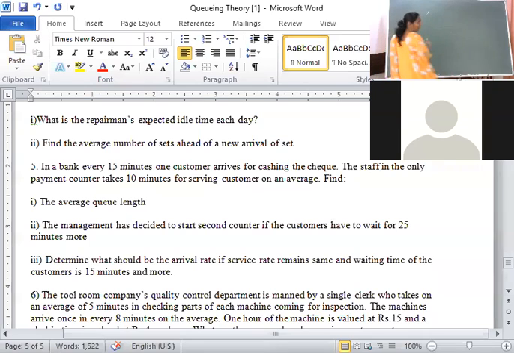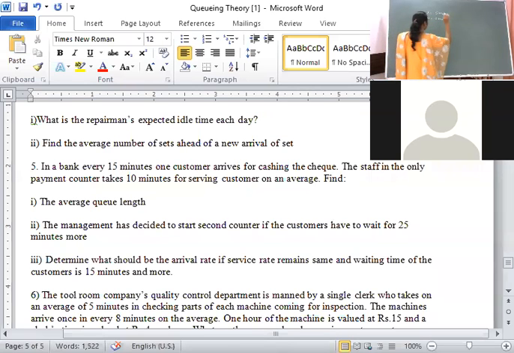Lambda is given. If you read the sentences carefully, one customer arrives for cashing the check every 15 minutes. One customer arrives, that means arrival is every 15 minutes. The second one is the payment counter takes 10 minutes for serving the customer. Mu is equal to 10 minutes.